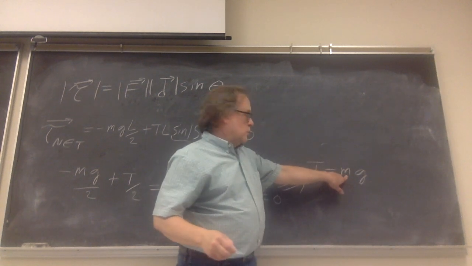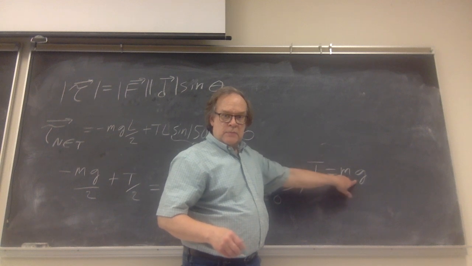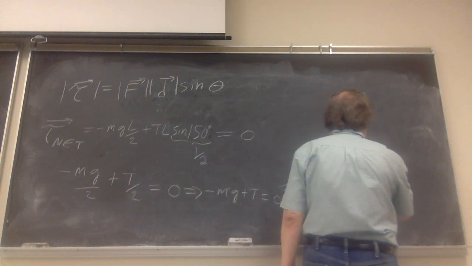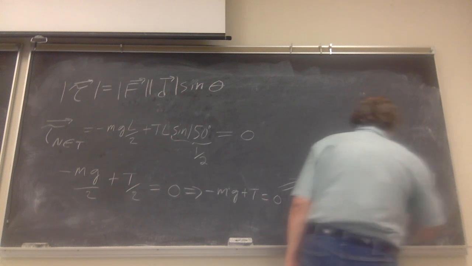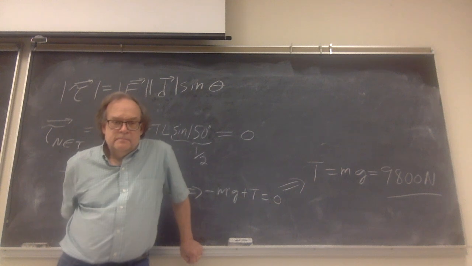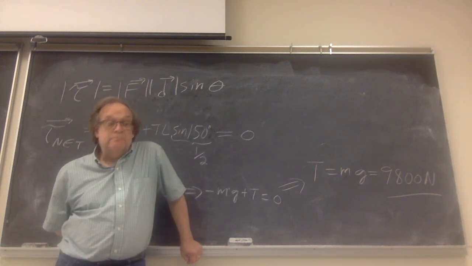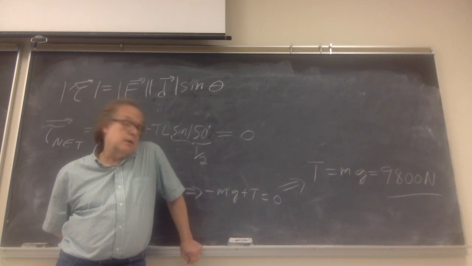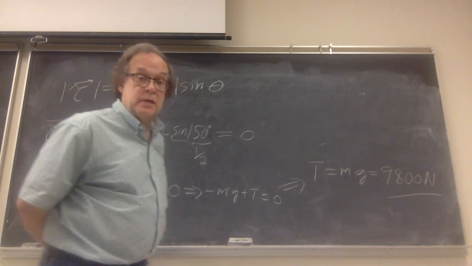This was 1,000 kilograms, and of course this is 9.8 meters per second squared, so you have 1,000 times 9.8, which just gives you 9,800 newtons. Okay, and then you'll try in the assignment one similar equilibrium problem that has one extra piece, just making it one step more complicated than this, but roughly the same idea.